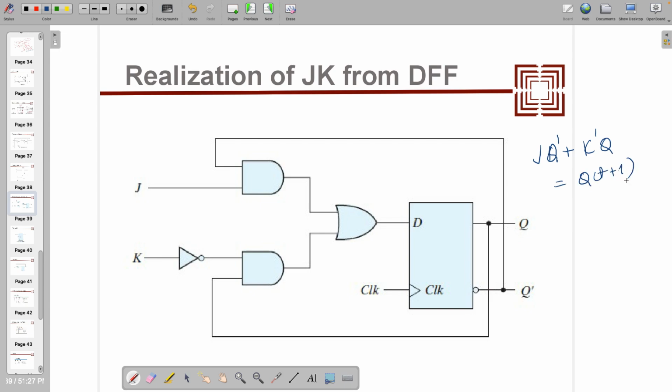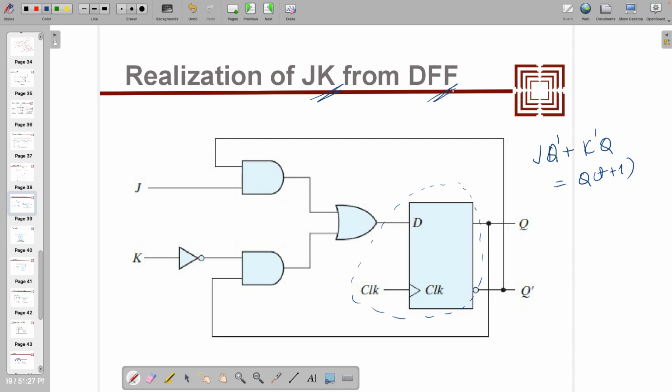Generally the most popular flip flop or the latch is the D. It's a simpler one, or you can say that it is available in the library or any design block. So what people are doing, they are using the D and they are deriving other flip flops. They are not using J, K and others, but they are using D. So in that case you need to derive all different flip flops using D flip flop.